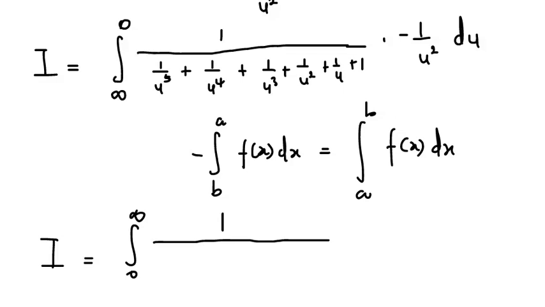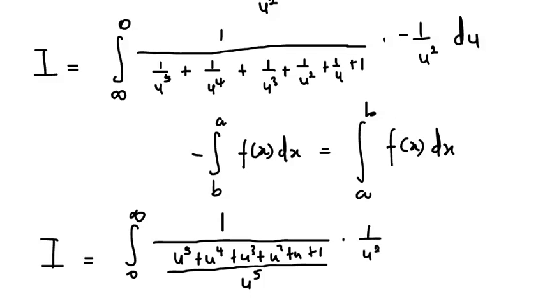The common denominator will be u to the power of 5, and then we have u to the power of 5 plus u to the power of 4 plus u cubed plus u squared plus u plus 1, then everything will be divided by u to the power of 5. And here we have to multiply by 1 over u squared and we have our du.